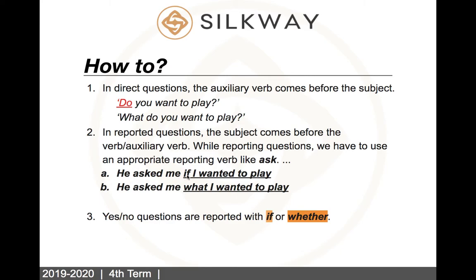He asked me if I wanted to play. Okay. So what do you want to play? He asked me what I wanted to play. The subject I comes before the verb. Here, as you can see, the subject is followed by the verb wanted.